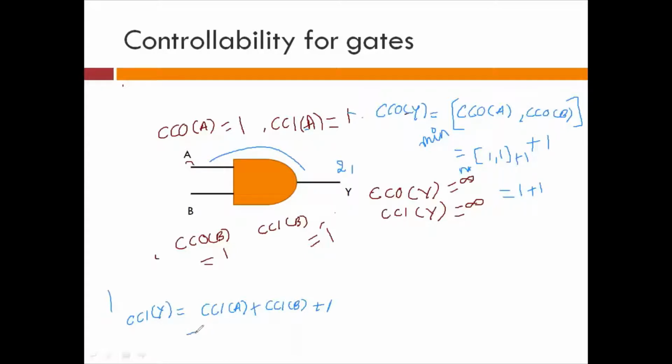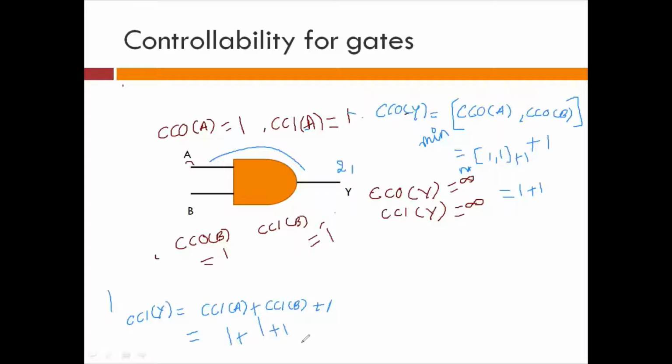So what is the value I'm going to get in this case? It is going to be 1 plus 1 plus this 1 is for increase in the level as we move from input towards output of a gate. Level का मतलब है जब आप कोई भी combinational logic के input से output की तरफ move कर रहे हो.